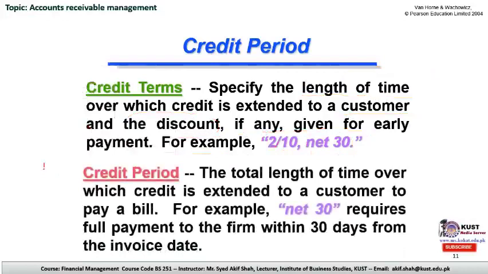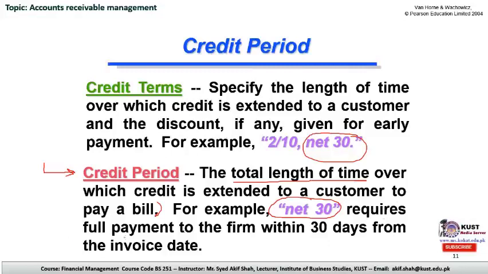Let's move ahead. What is known as a credit period? The credit period, as I have already explained, is the total length of time over which credit is extended to a customer to pay the bill. For example, net 30, as I have already explained, means the total time period allowed for a particular credit customer to pay out their debt obligations to a particular supplier or company is 30 days.